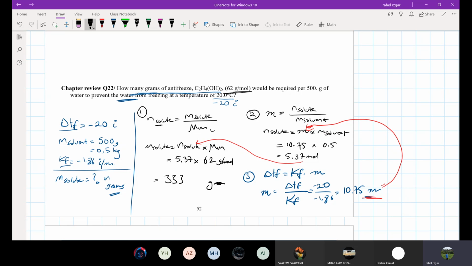We need 333 grams of antifreeze so that we can prevent the water from freezing until minus 20. How? 333 grams is 5.37 mole. Then this 5.37 mole of antifreeze will produce 10.75 molal of concentration. That's why it will not freeze until minus 20.